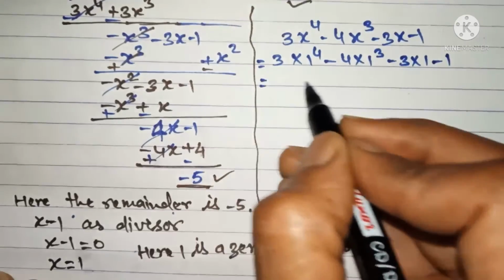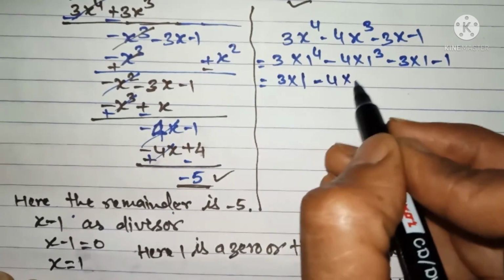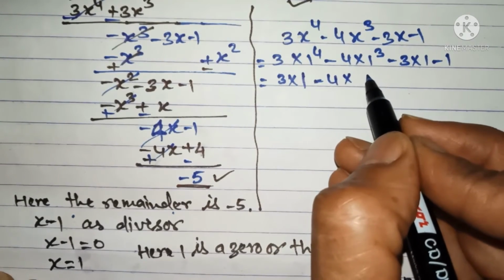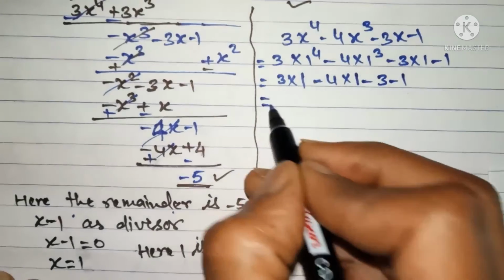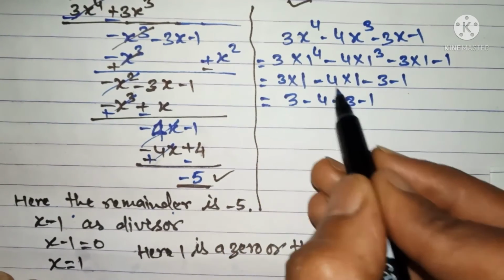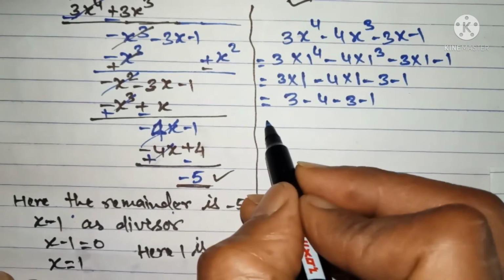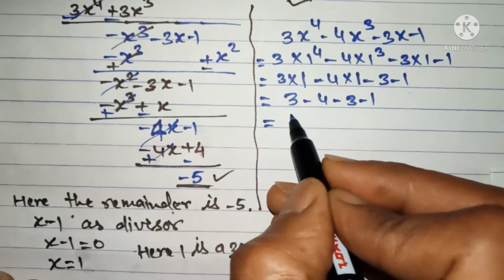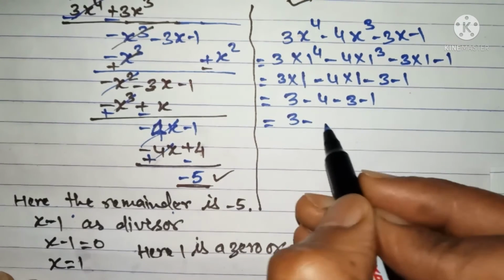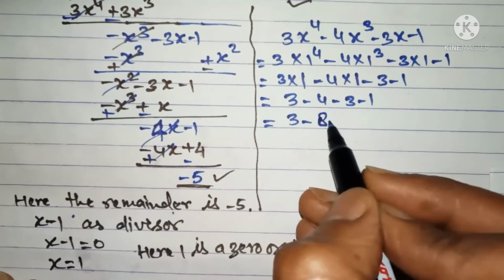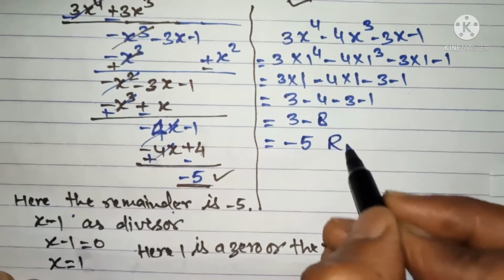We will get 3 into 1 to the power 4 will be 3, minus 4 into 1 to the power 3 will be 4, minus 3 minus 1, which will give us 3 minus 4 and minus 3 and minus 1, which will give us minus 8. The answer will be minus 5, which is the remainder.